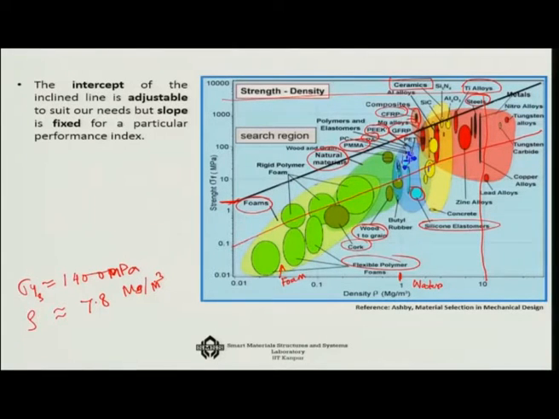So basically we can then use this relationship: 1400 to the power 2/3 divided by 7.8, and you can see what value you are getting out of it. And similarly you can calculate this for some of the other cases like PMMA. So this is for steel, you can check it.